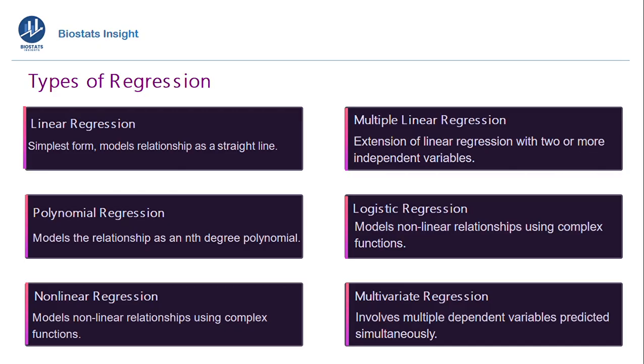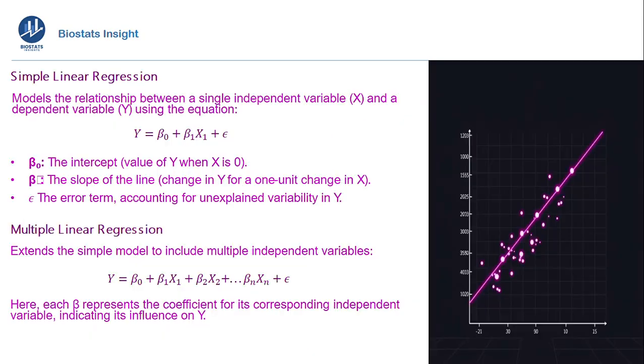Multiple linear regression is an extension of linear regression where you have two or more independent variables. Logistic regression is used when you have a dichotomous dependent variable and you want to see the relationship with it. Multivariate regression involves multiple dependent variables predicted simultaneously.